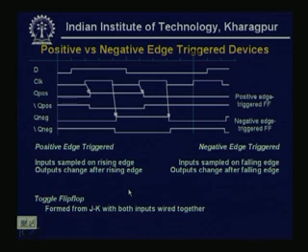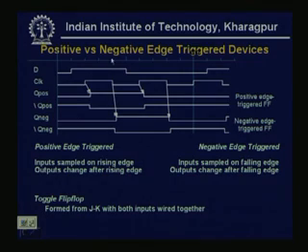Now, already I have mentioned that a flip flop is an edge triggered device. It can be positive edge triggered or negative edge triggered. So now we see what is positive and negative. If we consider a D flip flop, this is my D flip flop.